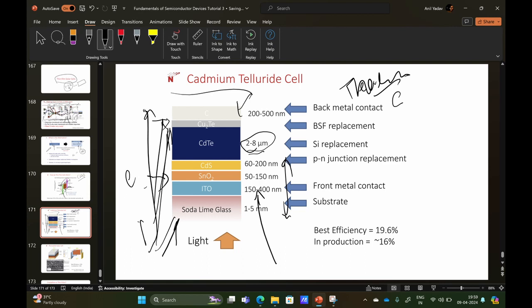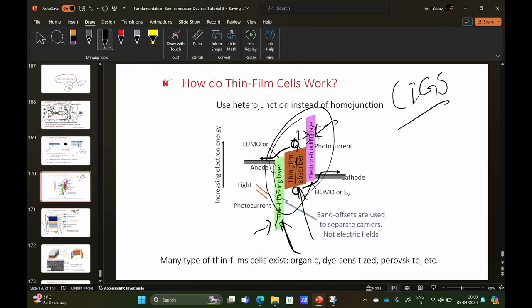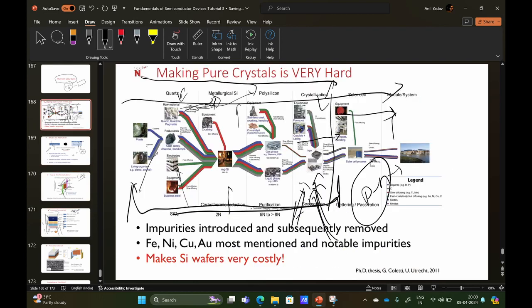Or there is pulsed laser deposition: a laser beam goes onto a material that evaporates or ablates the material, which then gets deposited over this substrate. These are also energy consuming, but there is not that long a process required in this.